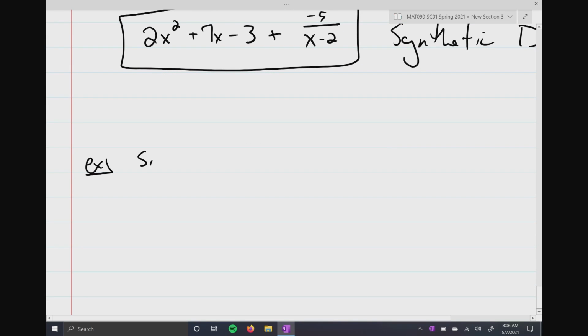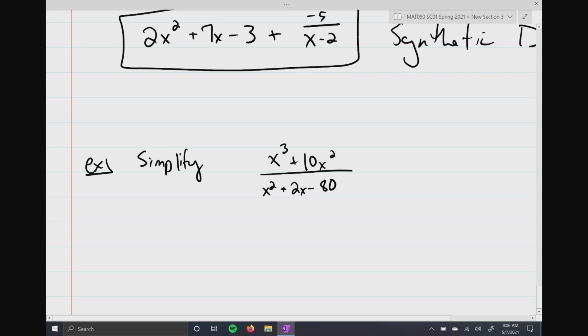I'm going to simplify x to the third plus 10x squared all over x squared plus 2x minus 80. You're simplifying a rational expression. That's just fancy language for a fraction.